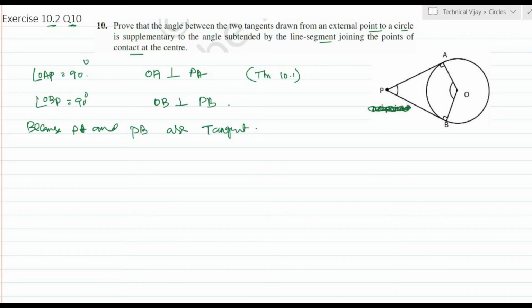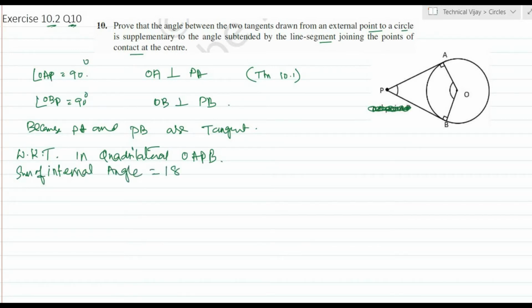Hence we know the angle sum property: in quadrilateral OAPB, the sum of internal angles is equal to 360 degrees. So angle P plus angle A plus angle O plus angle B is equal to 360 degrees.